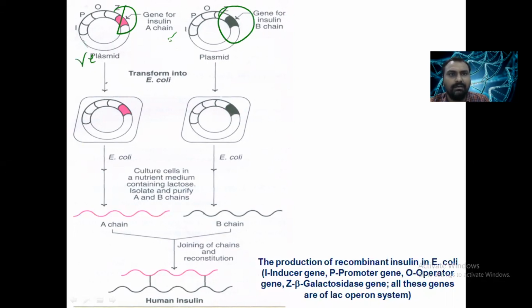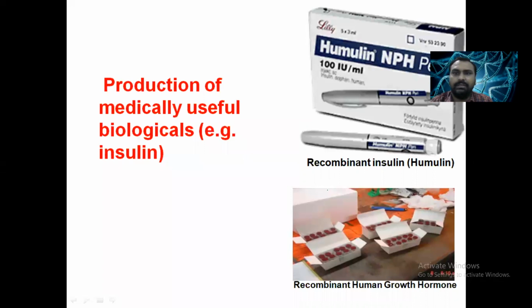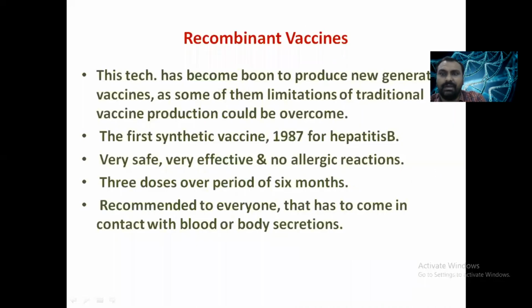So these are recombinant DNA, and we can fuse both the vectors to form human insulin. This is how we can use recombinant DNA technology to make insulin or growth hormone. Okay, so this is a very important use.